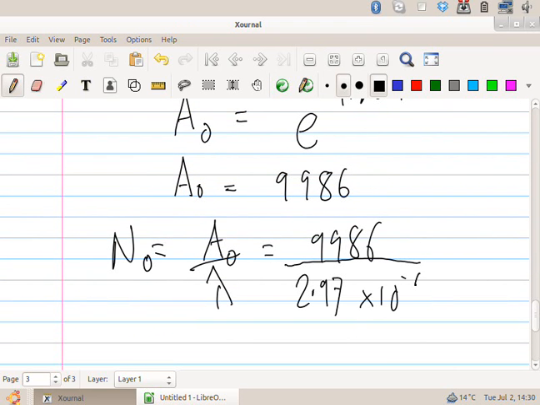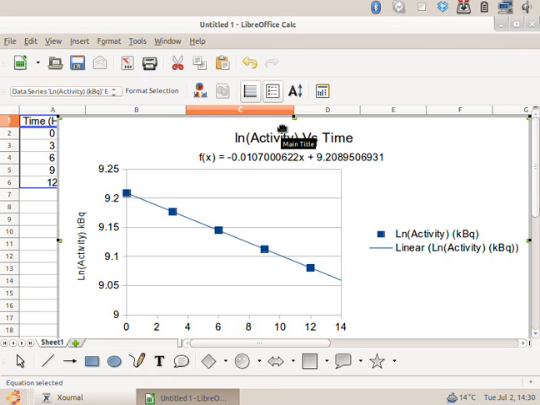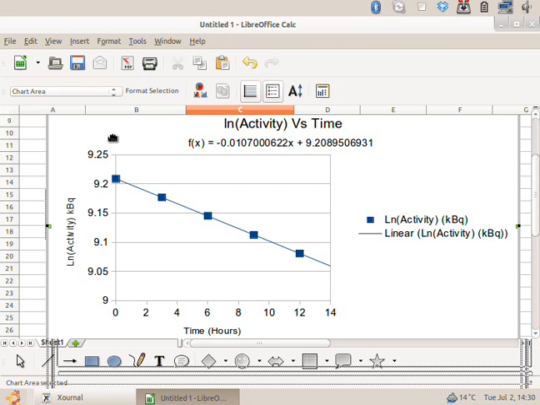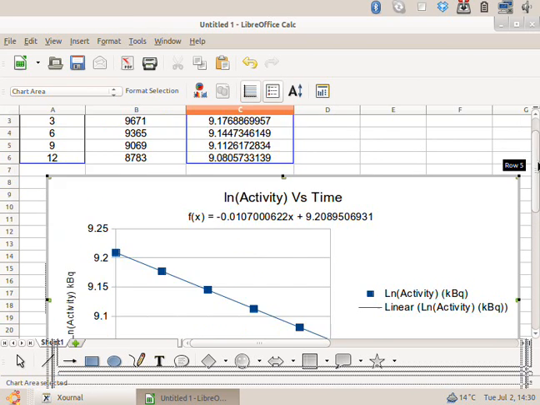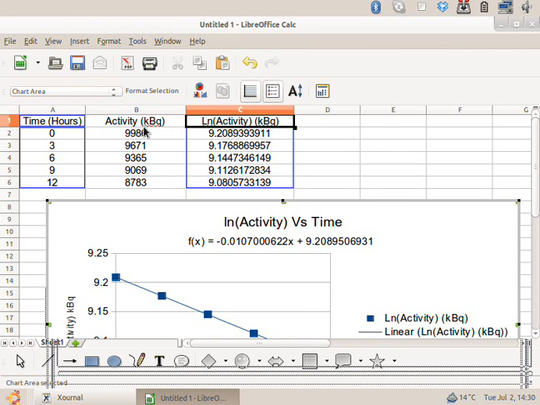Now please, actually, there's something I left out here. If you look at your data again, the unit is kilo.